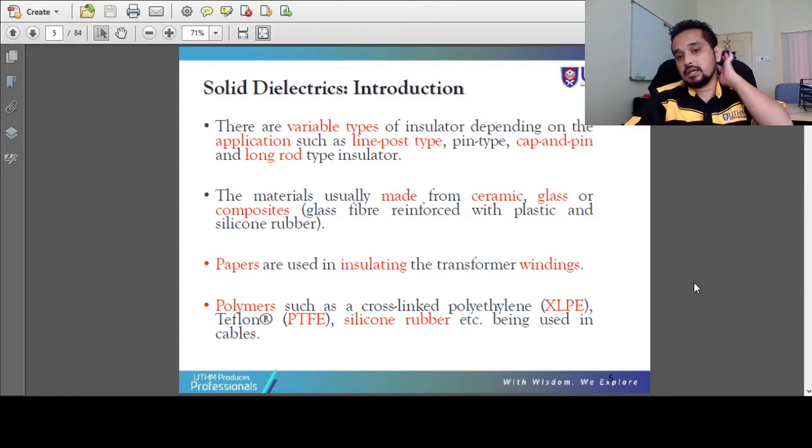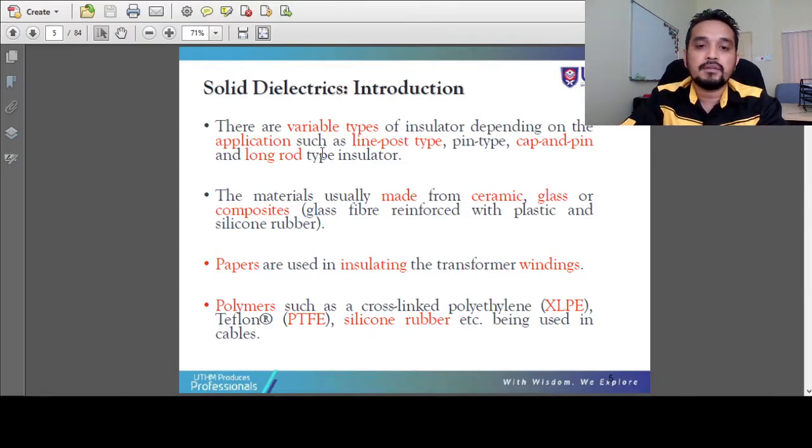For insulators, in general, we have several types, and the most commonly used are the line post type, pin type, cap and pin type, and long rod type insulator. I will show you later in a later slide images of these insulator types.